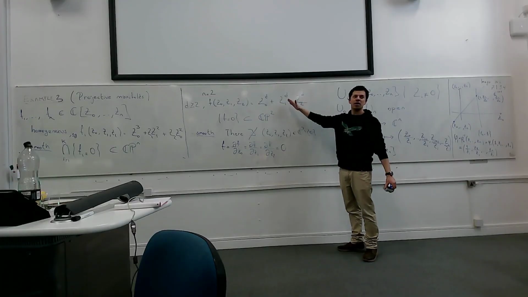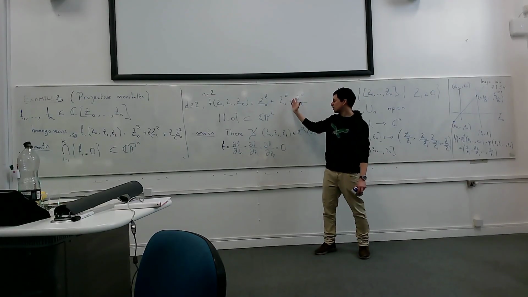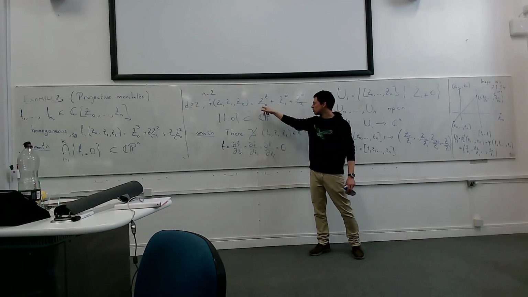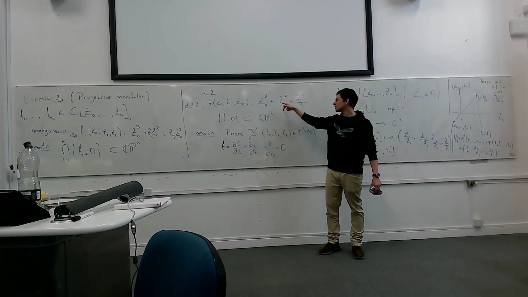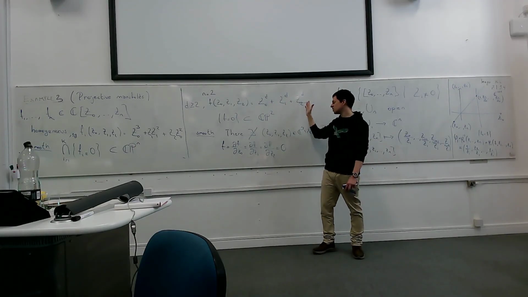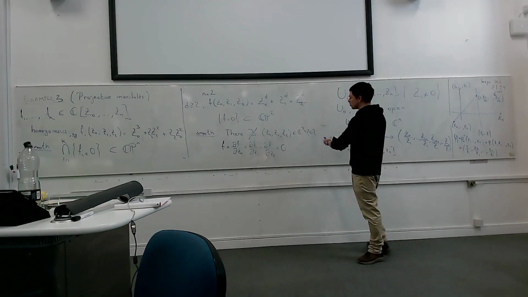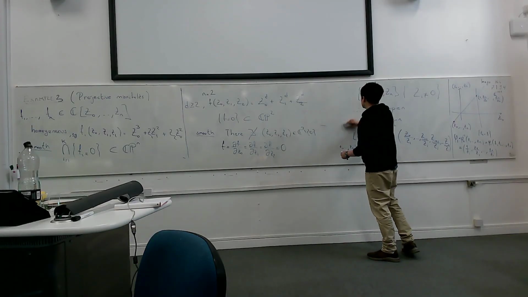You calculate the partial derivatives, and if the partial derivative with respect to Z0 vanishes, Z0 has to be 0. If the partial derivative with respect to Z1 is 0, Z1 has to be 0. So the only point where all three vanish is the origin.